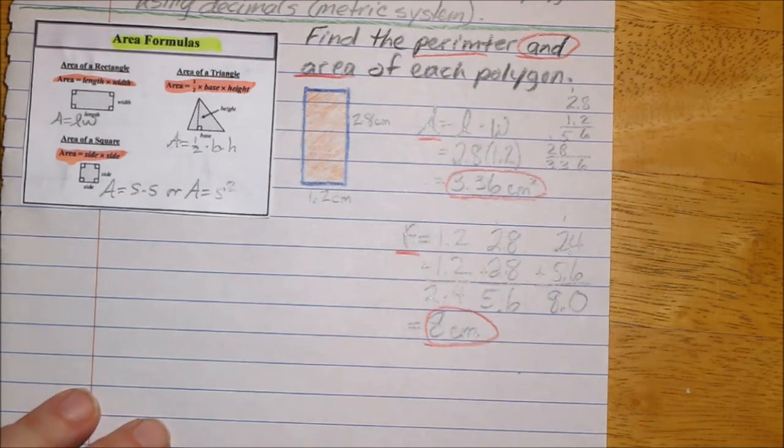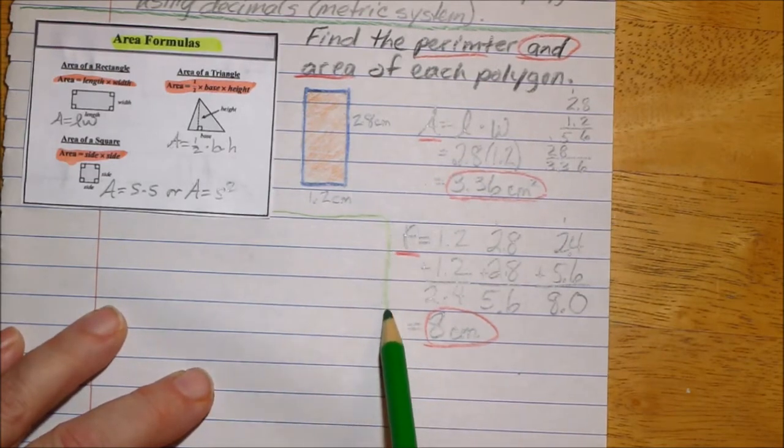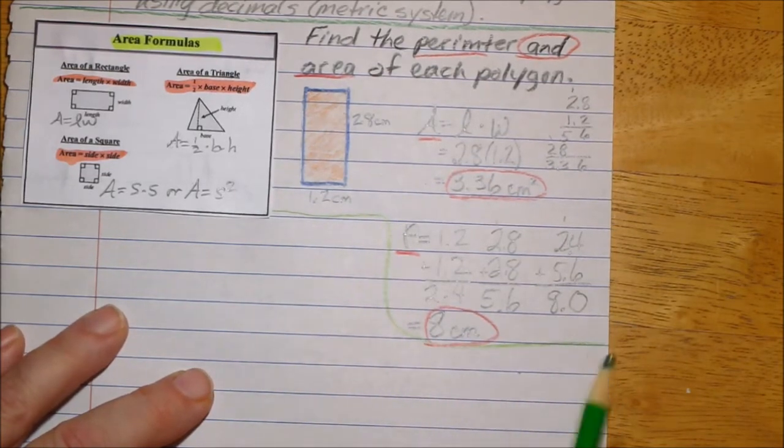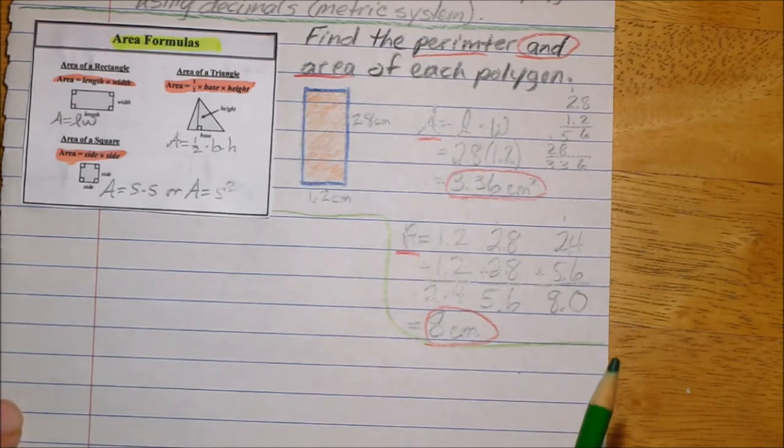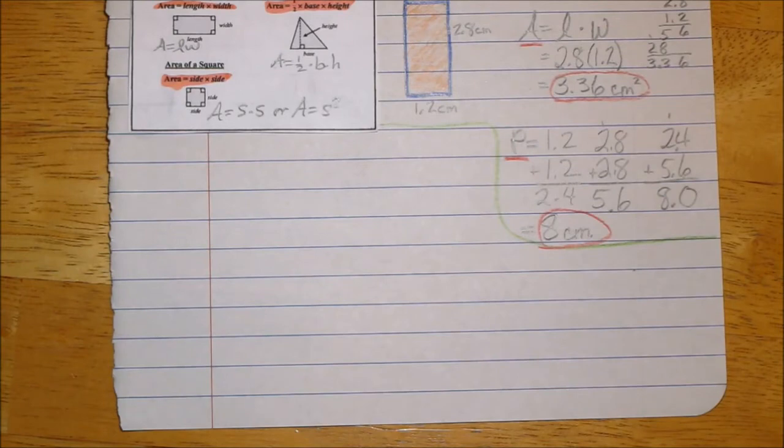All right, now to separate this problem from another one that I'm going to do, I'm just going to make a little light green mark here and separate that across, because now we're going to move over to this side and talk about doing the same thing with a triangle.